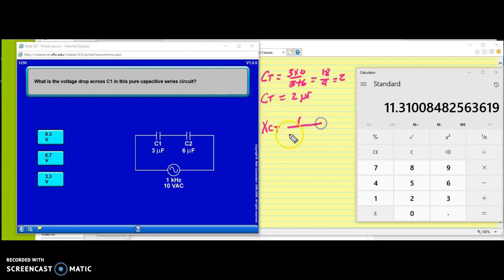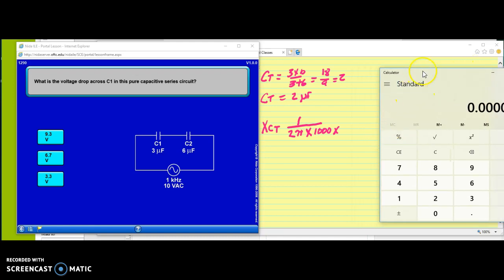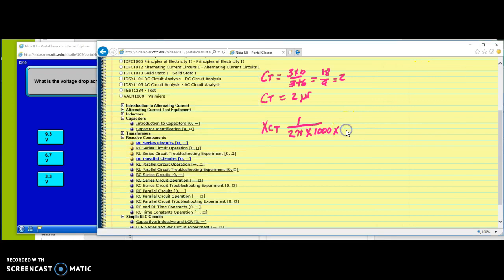1 over 2 times pi times F, C. Now we've got to use base units here. So this is 1,000 times, and we want to take this 2 microfarads and divide it by 1,000,000. So we're going to say 2 divided by 1, 2, 3, 4, 5, 6 zeros equals, and that is 0.000002.